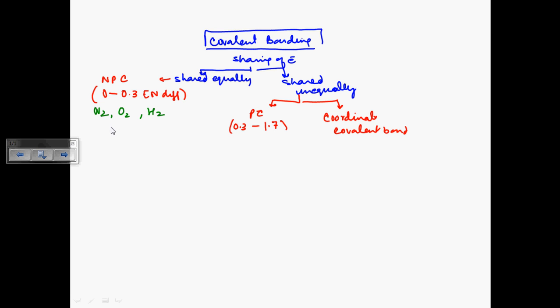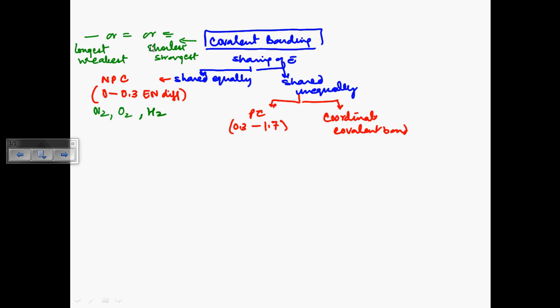Actually, even polar or non-polar, the covalent bonds, let me write it here, that's a better place. Covalent bond can be single or double or triple bonds, right? So they can share up to a maximum of 6 electrons. And single bond is the longest bond, but it is the weakest bond. And triple bond is shortest, but it is the strongest bond.